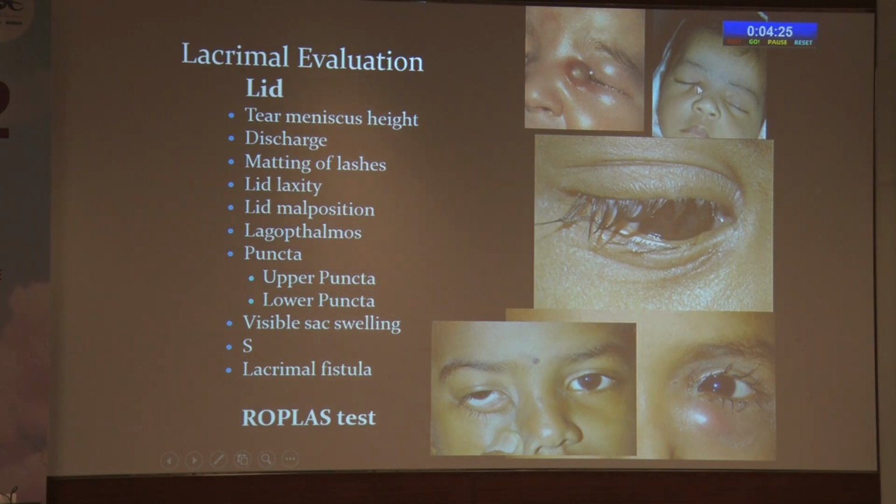Now, these two look very similar. In fact, this also requires attention, because if you don't examine well, you might mistake it for a lacrimal abscess, and you might eventually do something very drastic, and it could be detrimental to the patient.